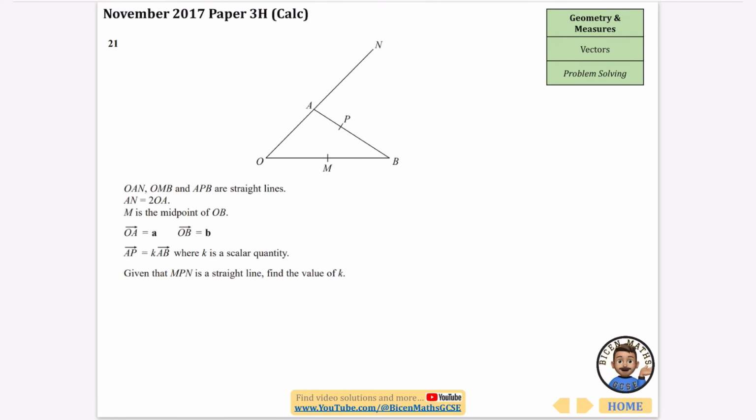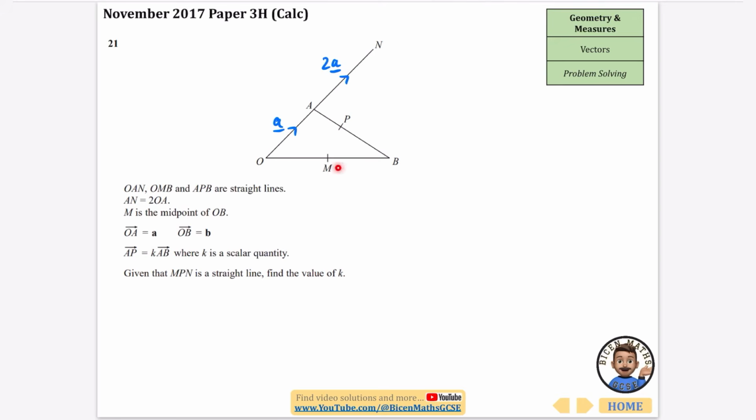Okay, so this time, this is another problem-solving kind of one. It says that OAN, OMB, and APB are straight lines. Here's an interesting bit. AN is equal to 2 lots of OA. M is the midpoint of OB, and they've told us that OA is equal to A. So I'm going to say that this is A, and they told us that AN is 2 lots of that, so I can say it's 2A.